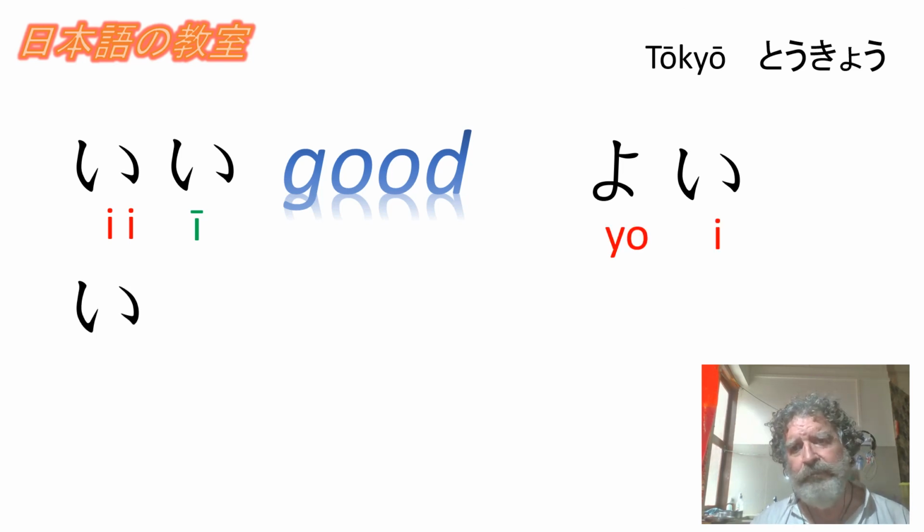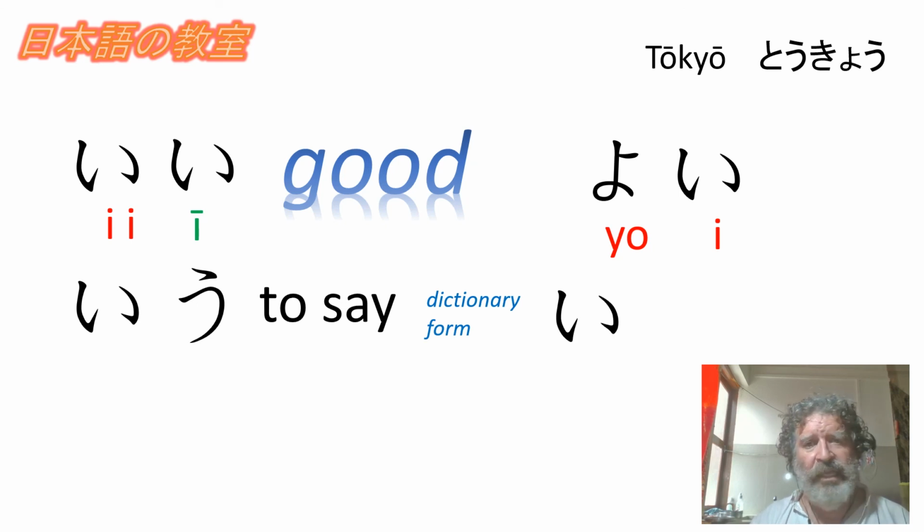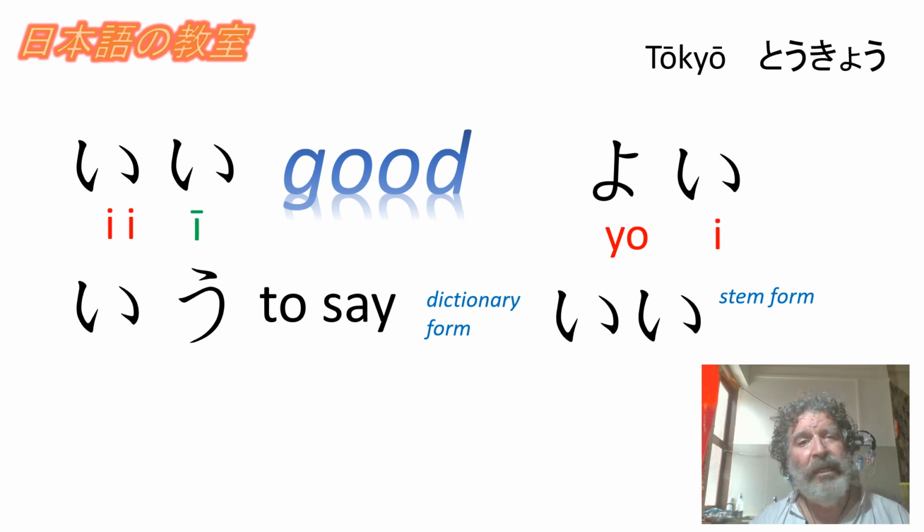Okay, we have iu. And this is a verb meaning to say, iu. It's the dictionary form. The stem is i. Just like with au, to meet, the u gets changed into an i and becomes the stem form.